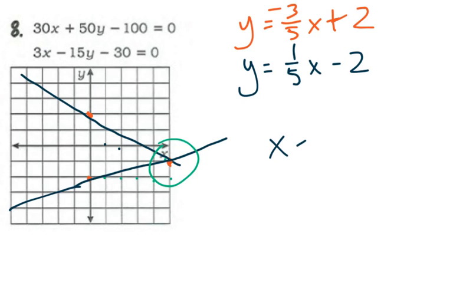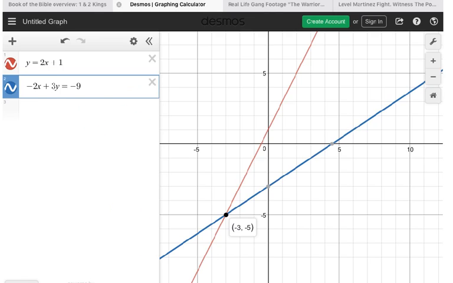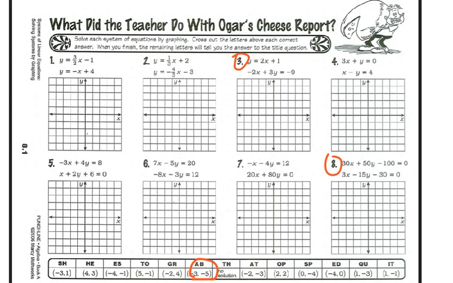So x is 5, and then down 1, so that means negative 1. So this point is 5, negative 1. So that's the solution. So let's see if it's on our page. 5, negative 1. There it is. Yep.